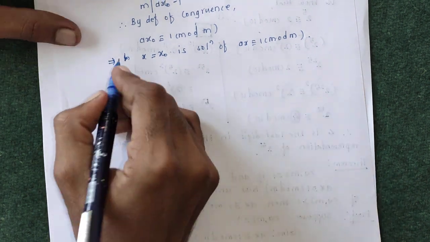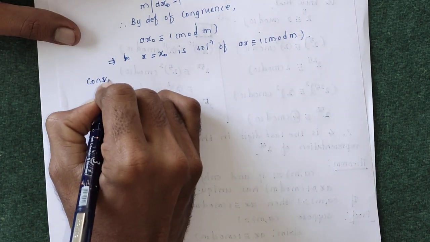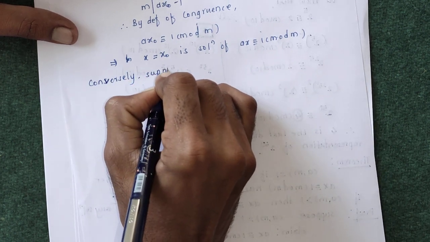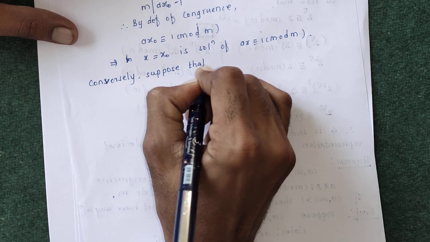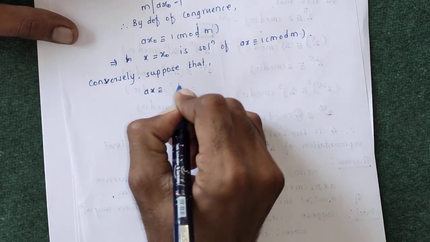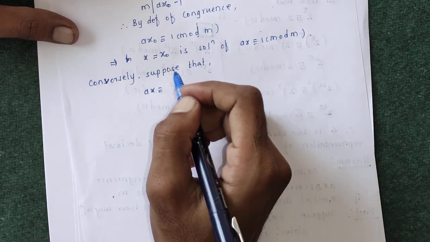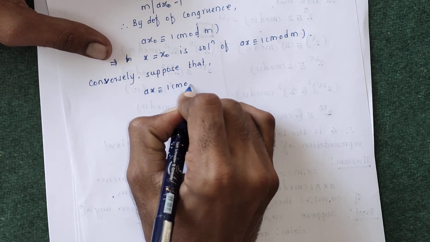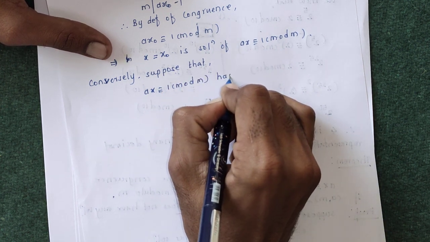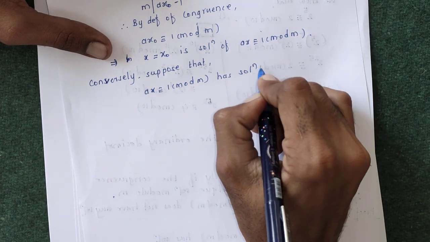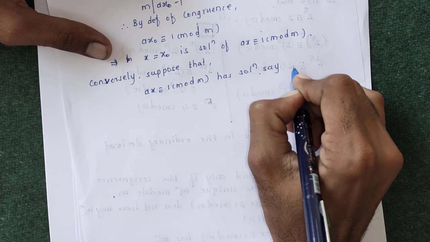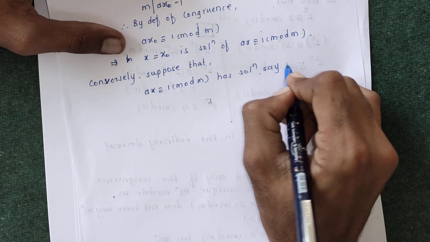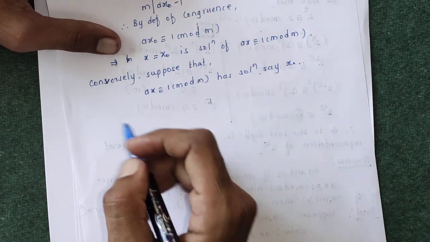Now conversely, suppose that a x is congruent to 1 modulo m has a solution. We are going to prove that the GCD of a and m is equal to 1. Suppose the solution is x naught, but x naught is already taken, since the first part is proved.